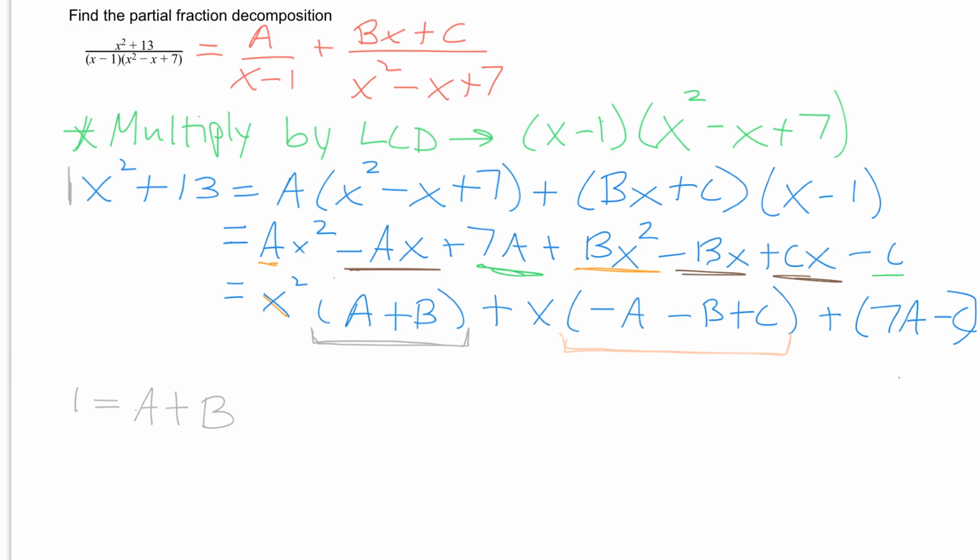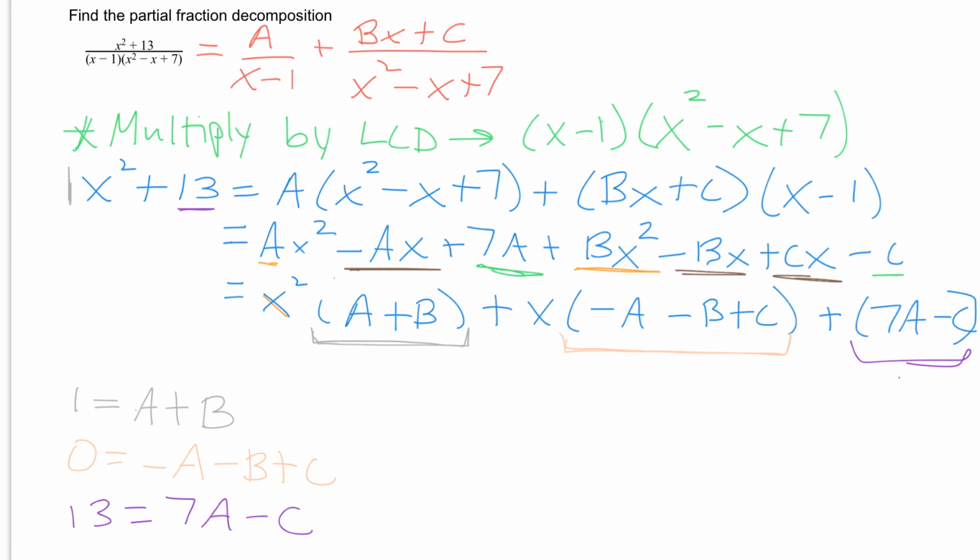This has to be the coefficient of x. Since there's no x over here, that means the coefficient of x is 0. So I know 0 is equal to negative A minus B plus C. And then I have my constant. My constant here is 7A minus C, and that has to be equal to that 13. So I can say 13 is equal to 7A minus C.